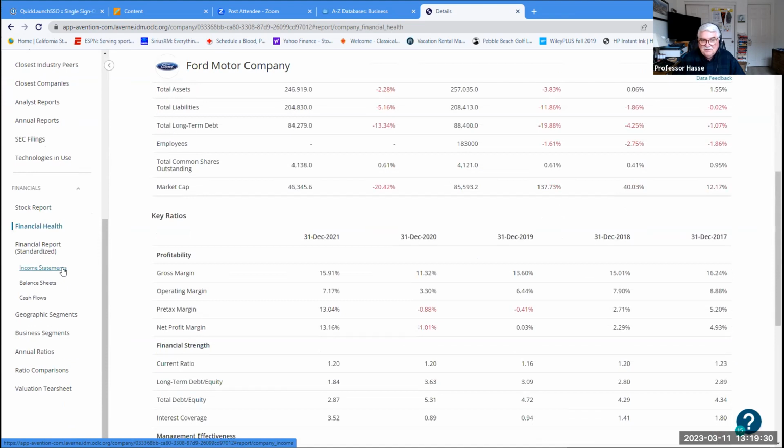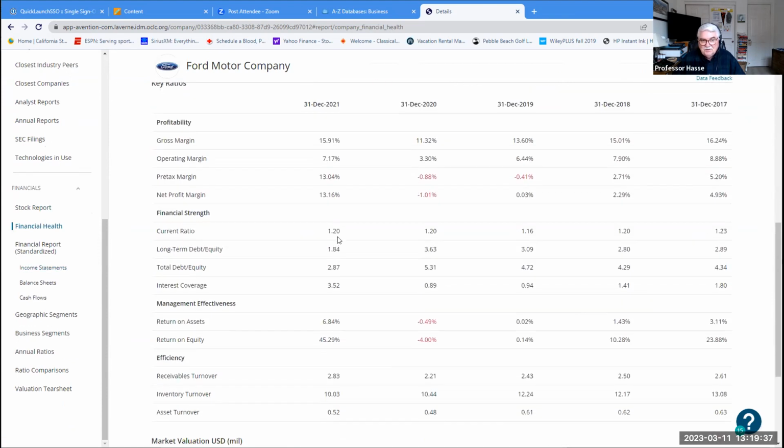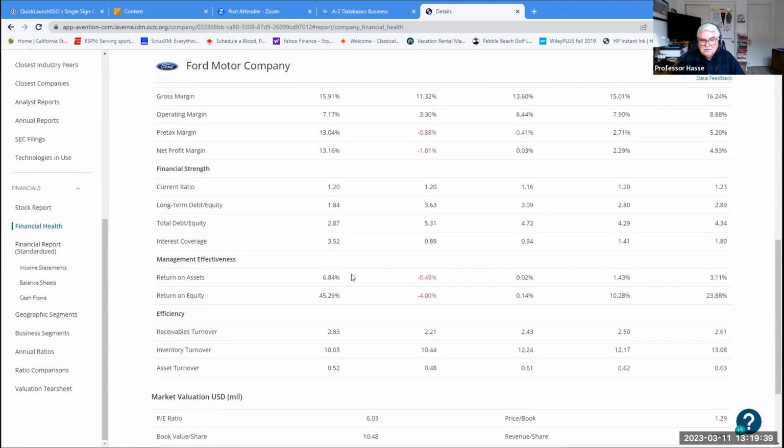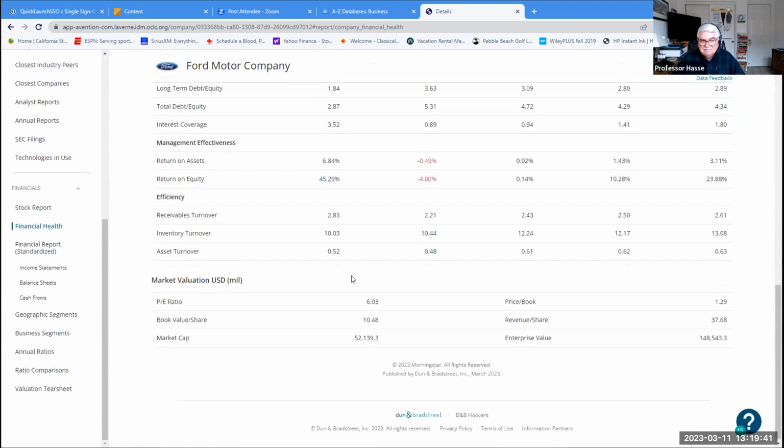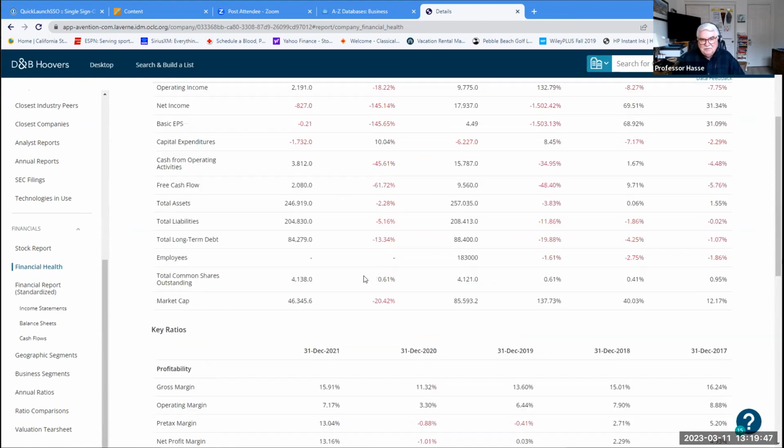And look at here, key ratios: net profit margin, current ratio, return on assets, all kinds of fun little data that can help you understand the financial health of the organization.